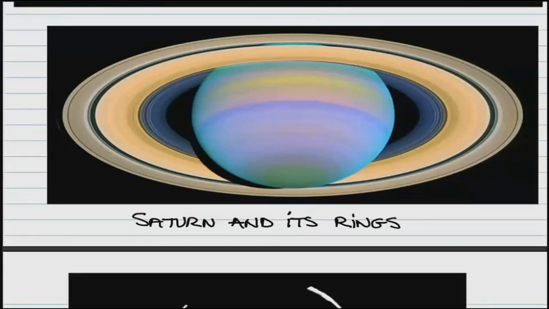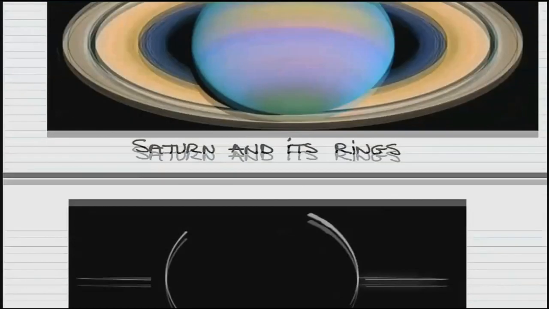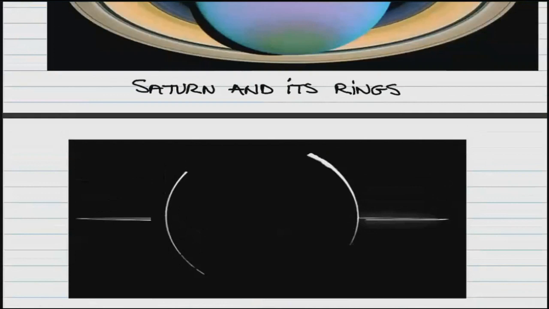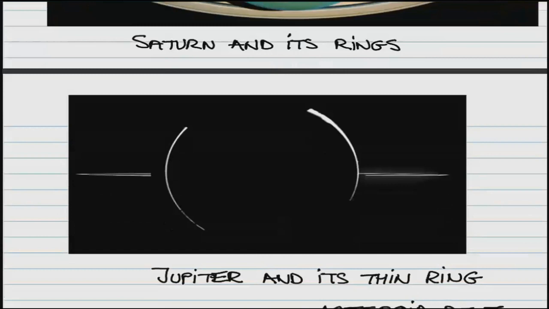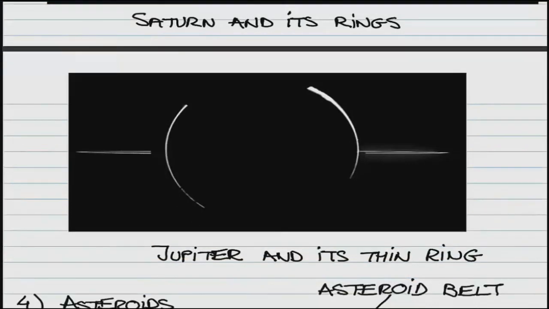And for a long time, people thought that basically that's it: Saturn has rings and no other Jovian planet has those. But then they were discovered, quite late. For instance, this is a photo of, I guess this is in a shadow, Jupiter, and you can see that it has a very thin ring, but it does have a ring. And the other two Jovian planets, Uranus and Neptune, also have thin rings.